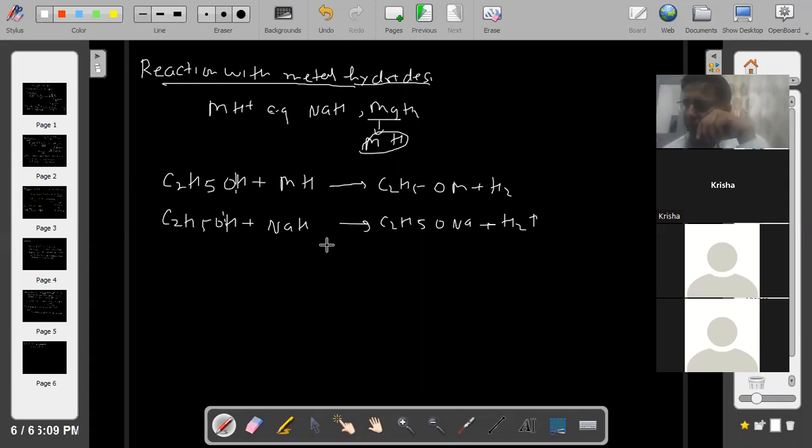Already I explained. Now, reaction with Grignard reagent. Very, very important: how you will prepare the Grignard and what compound you will get.